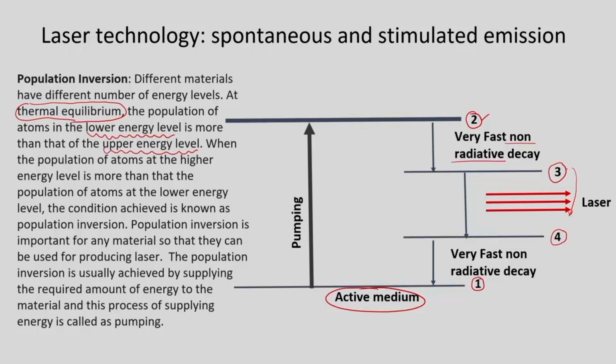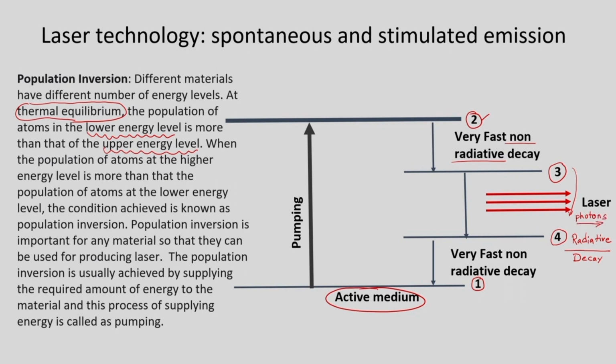So here we consider that the transition from 3 to 4 is radiative, providing the radiative decay, and it generates photons that lead to the laser beam.